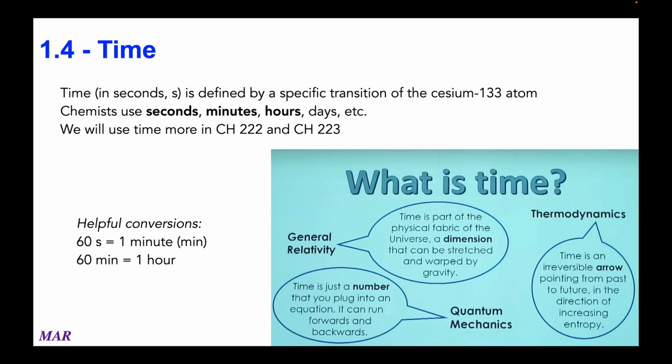Time is really an interesting topic, and it's beyond what we need to talk about right now, but different fields of science will describe time in different ways. And you can read that little picture in the lower right-hand side right there. That's, again, more than we need to talk about in Chemistry 221, but it is a fascinating topic to talk about. And maybe if you're taking this class in person, I'll talk to you more about what I think about it too.